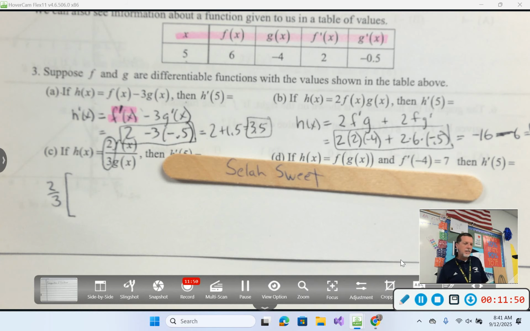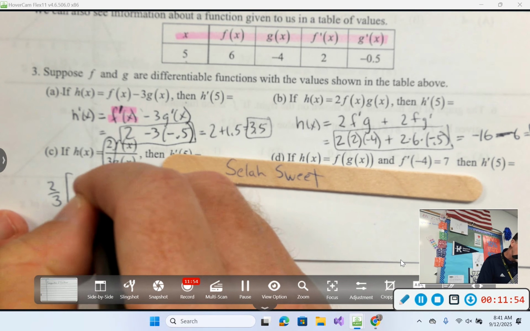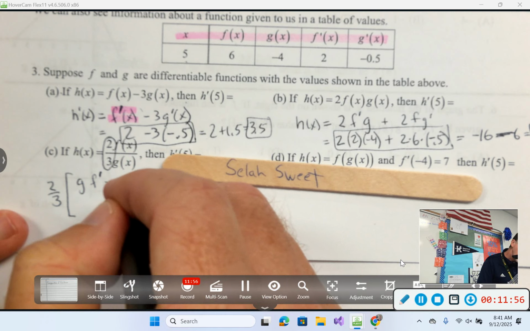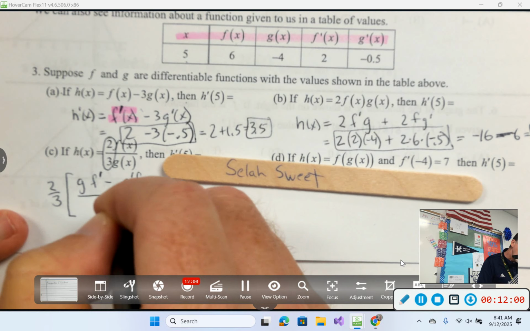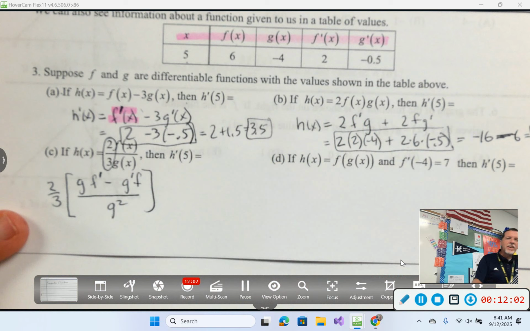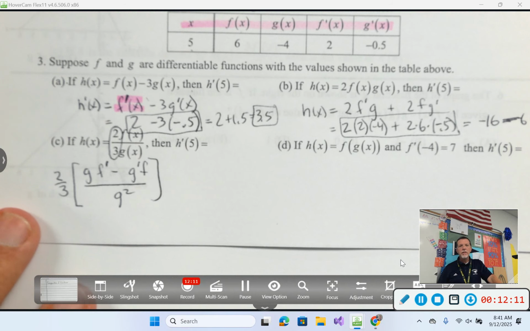Is it g, and then f prime, and then minus g prime times f, over g squared? Yep, I left out all the x's just because it's easier to write without all the parentheses on there. But yes, g f prime minus f g prime over g squared.